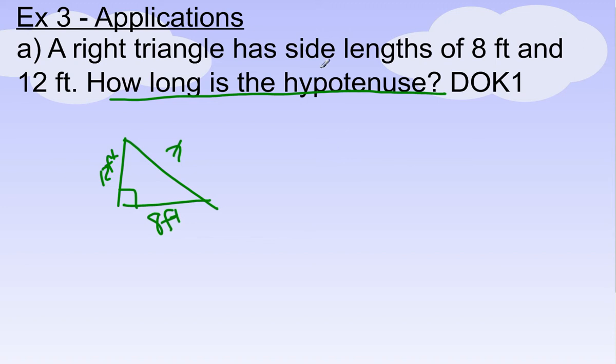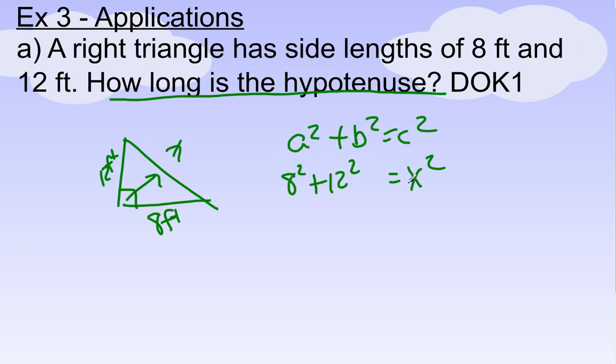So, Pythagorean theorem, this thing. A squared plus b squared equals c squared. My missing side is my x, so I can throw the x in there. And the two legs go for the a and the b. 8 squared plus 12 squared equals x squared. Can't do anything with this yet.